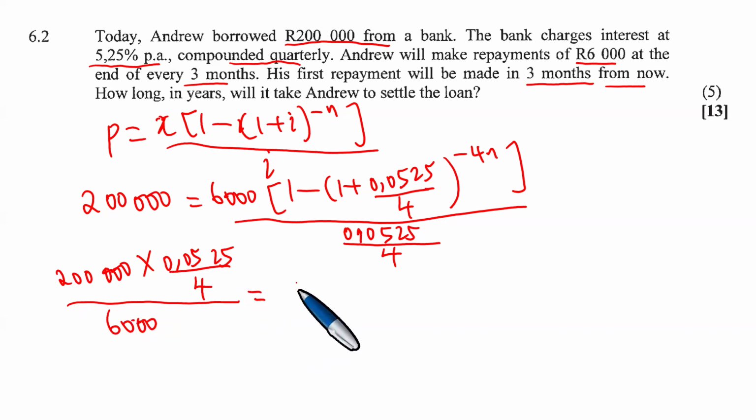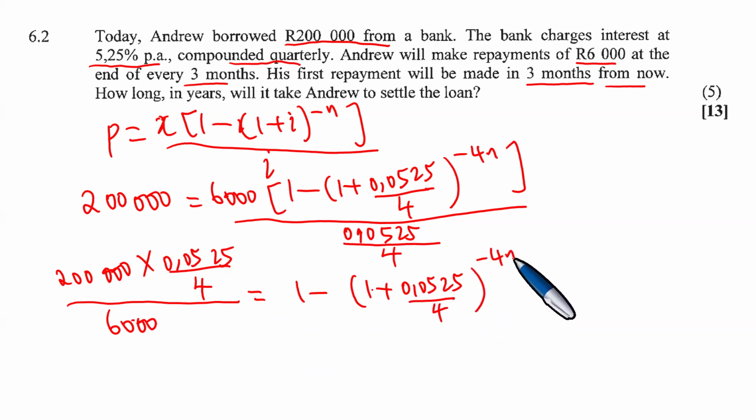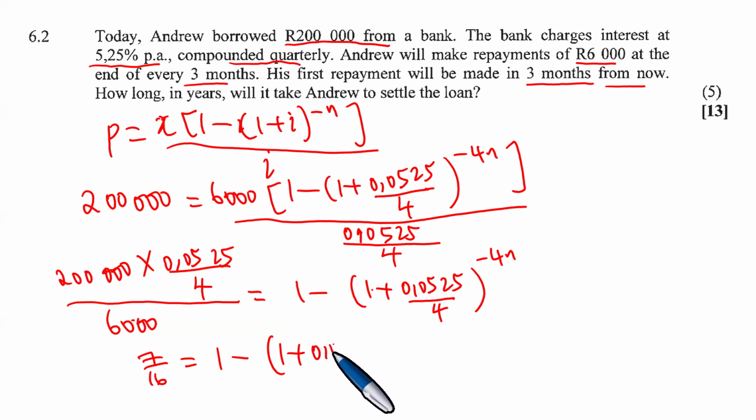And this is 1 minus 1 plus 0.0525 divided by 4 to the minus 4n. If you do the calculation here, you realize that this is exactly the same as 7 out of 16. 1 minus 1 plus 0.0525 divided by 4 to the minus 4n.